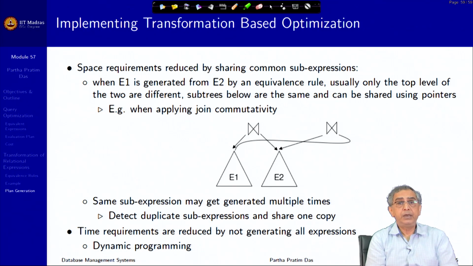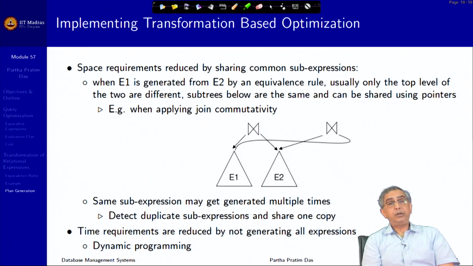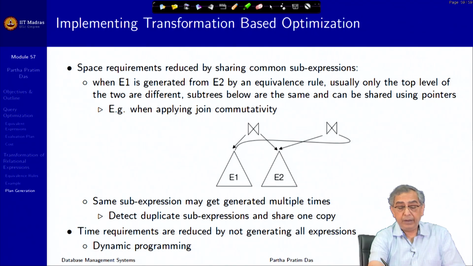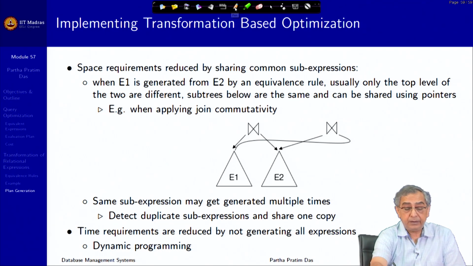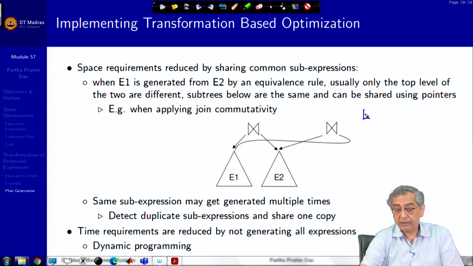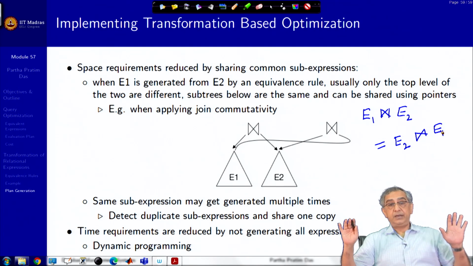For example, space you can optimize by not duplicating the same expression. For example, we have the rule that E1 join E2 is the same as E2 join E1, commutativity, right.